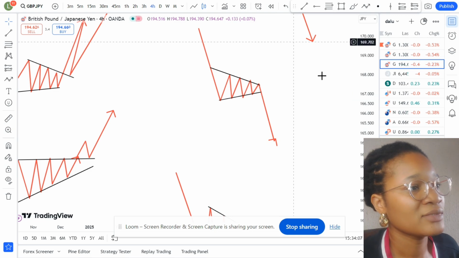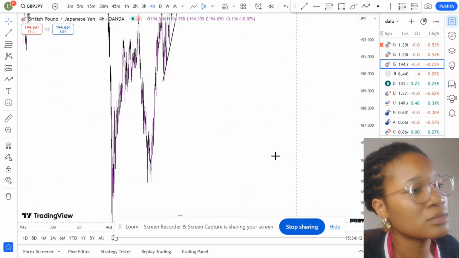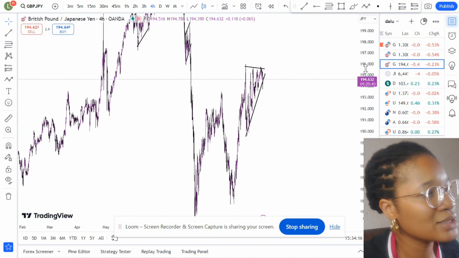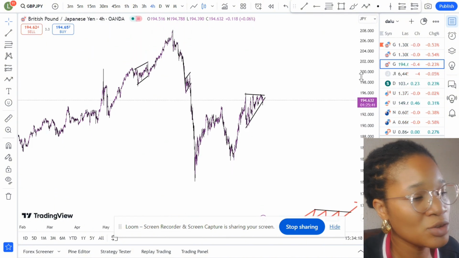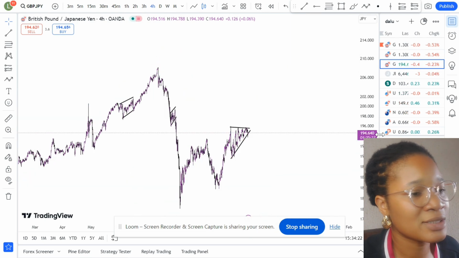Okay, so let's see if we can find them on the chart. This is GBP JPY on a 4 hours time frame.